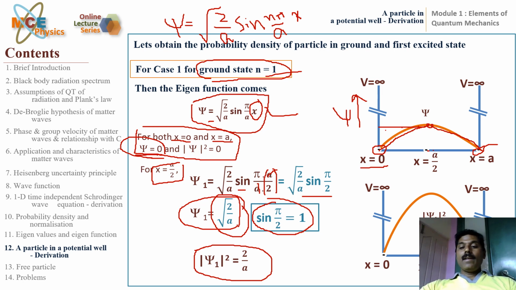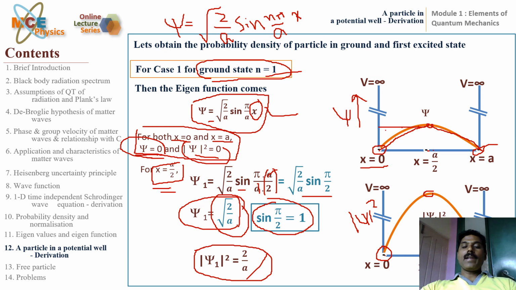Right. And for mod psi square, if I plot mod psi square along the y-axis and x value along the x-axis, what do we get? You have already understood that at x equal to 0, mod psi square is 0. So you will get one point here. Similarly, for x equal to a, you will get mod psi square 0 again. That means this point here. But for x equal to a by 2, mod psi square is 2 by a, which means it is maximum.